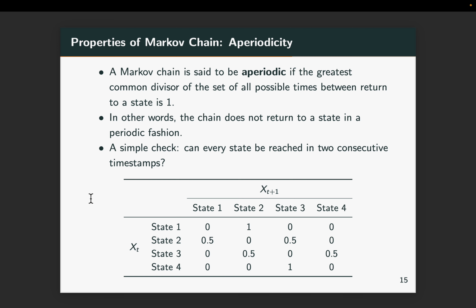The marker should be there, I think. First state is S1. From there we can only go to S2 at t equal to 1, t equal to 0. From S2 we can go to S1 or S3.